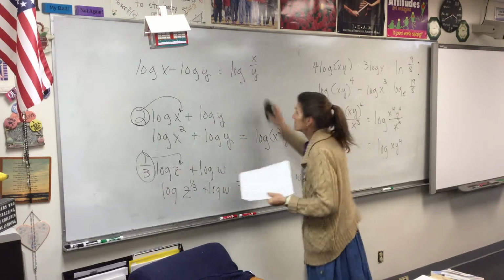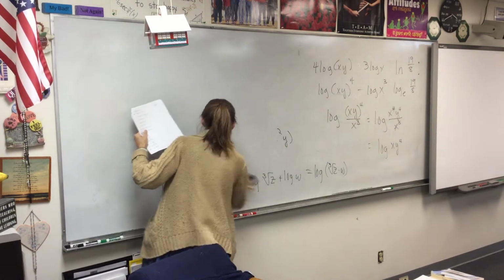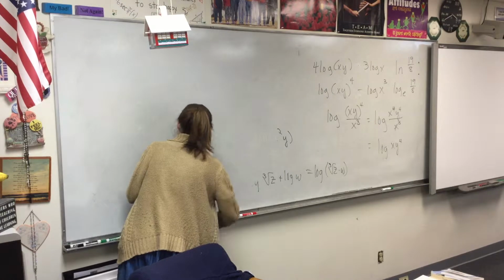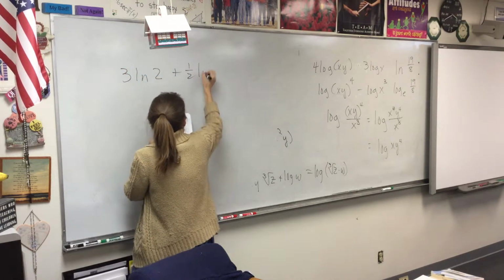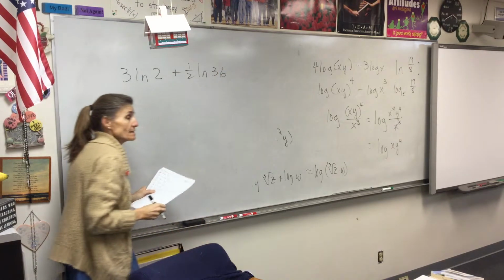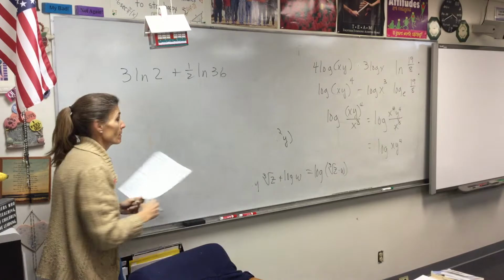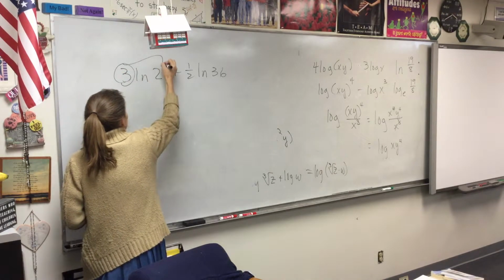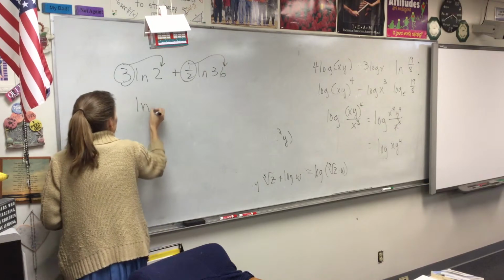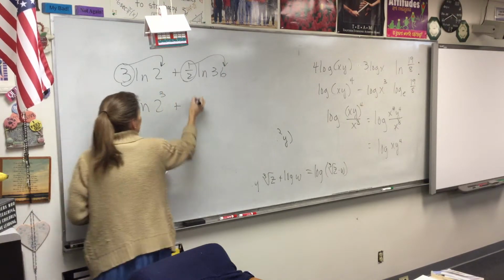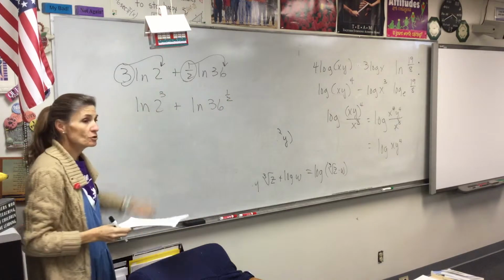H has more steps, so I better write it down. What's step 1? These are going to become exponents. So we have ln 2 cubed plus ln 36 to the 1/2. What's 2 cubed?